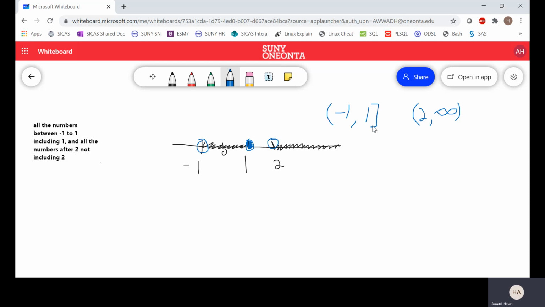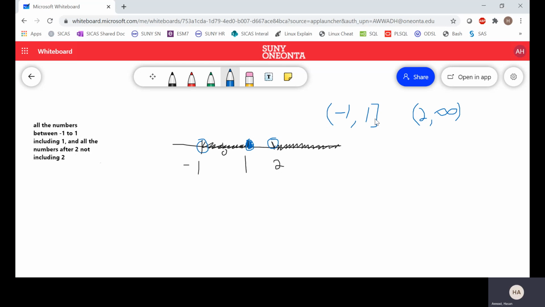Bracket is supposed to denote when you're actually at that number, when you've stopped there. So we've stopped here at 1. So that means that we're going to use the bracket here. We haven't stopped at infinity because you can't stop at infinity. It just continues to go, right? So you're always going to use the parentheses when you're talking about infinity or negative infinity.